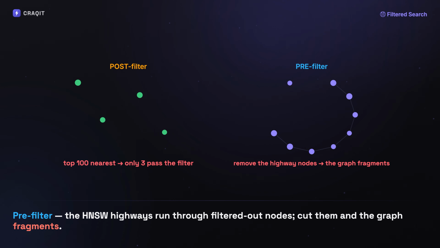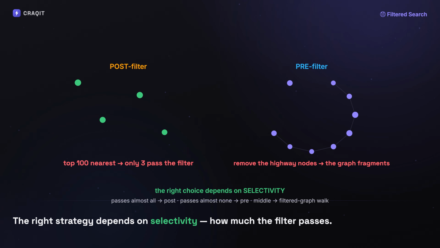So this is a genuinely hard, active engineering problem, and modern systems attack it with real cleverness. Filtered HNSW that checks the metadata predicate during the graph walk and skips non-matching nodes while still routing through them. And metadata-aware partitioning. The key insight to state is that the right strategy depends on the filter's selectivity.